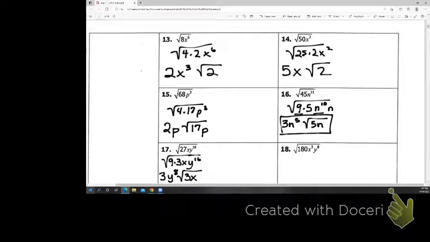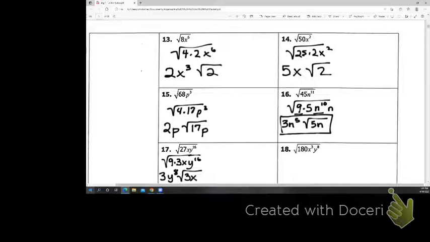So 180. Is 180 a perfect square? So 180, 100 definitely doesn't go into it, right?